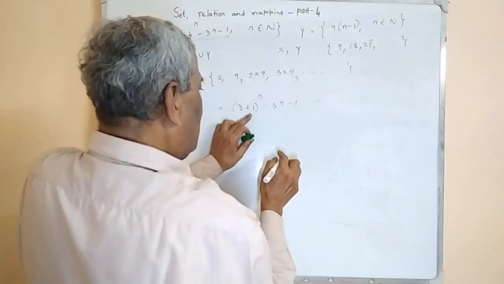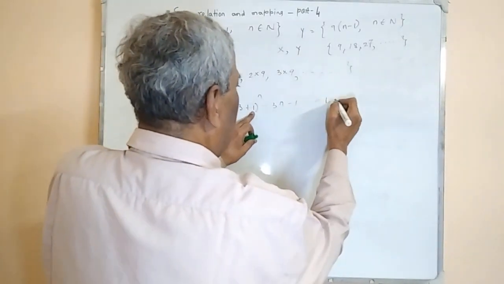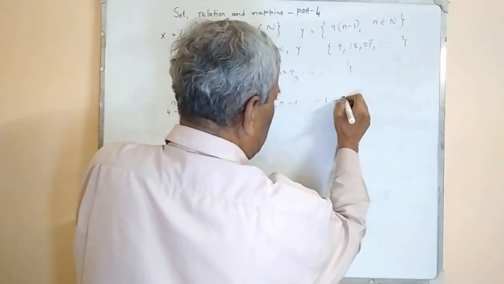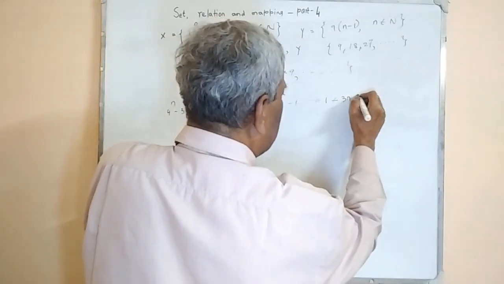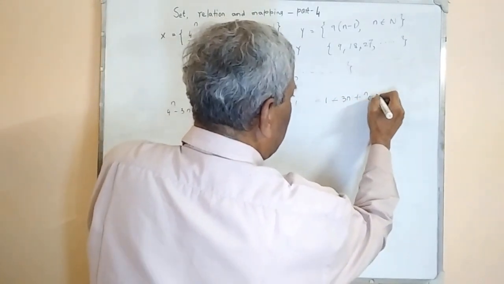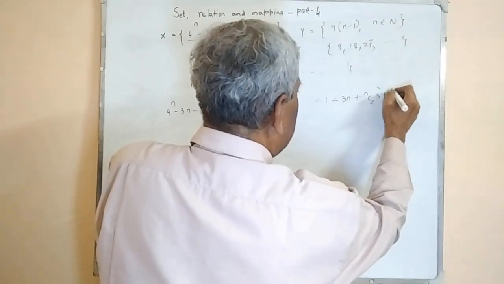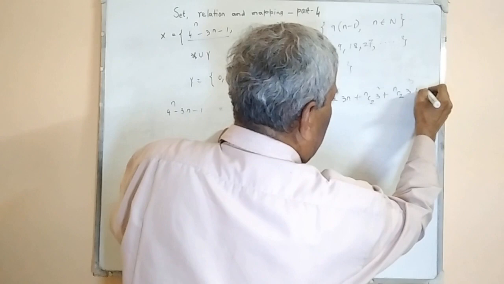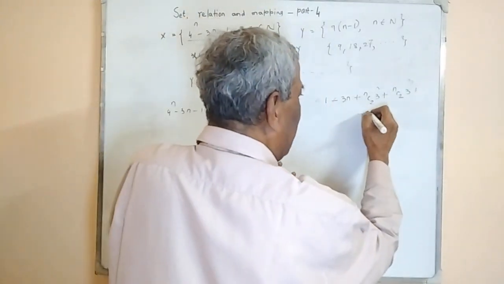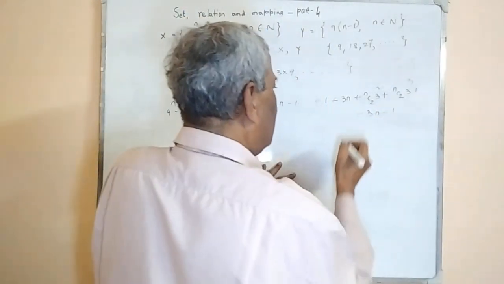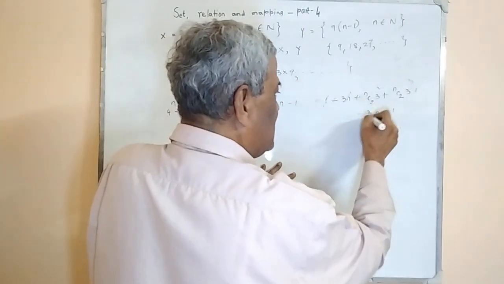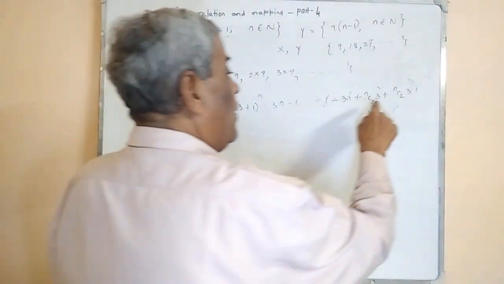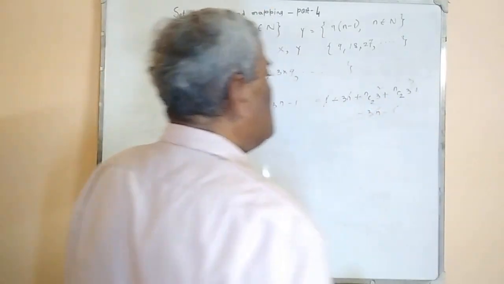It is, in fact, 1 plus nC1 into 3, that is 3n, then plus nC2 into 3 square, plus nC3 into 3 cube, and so on, minus 3n minus 1. So these two cancel. From here, clearly all terms are divisible by 9.